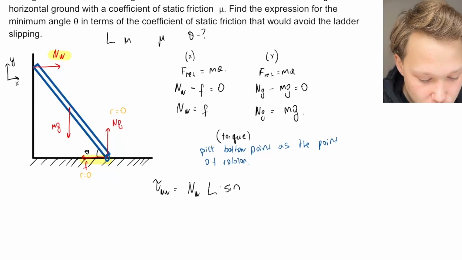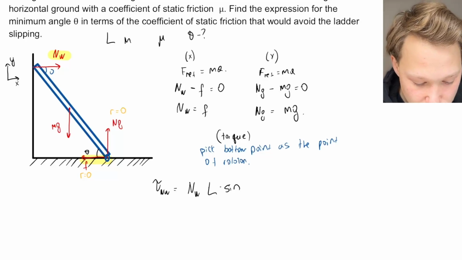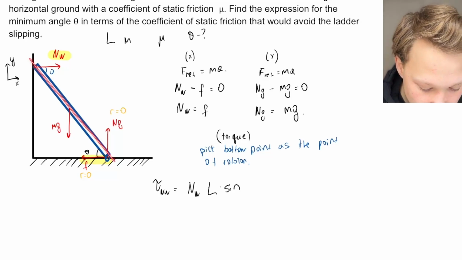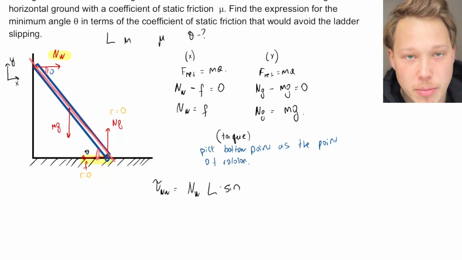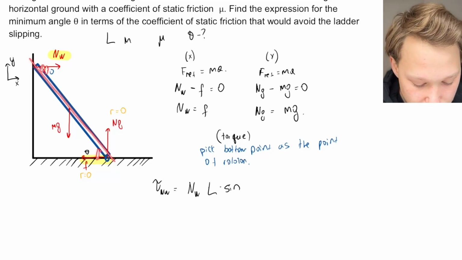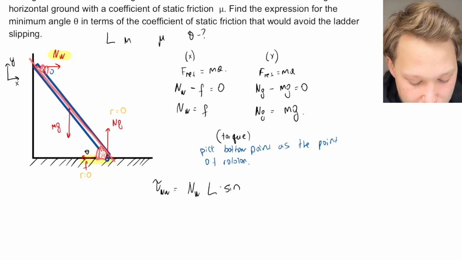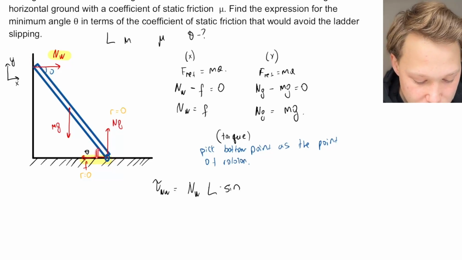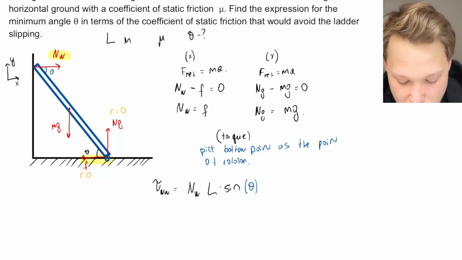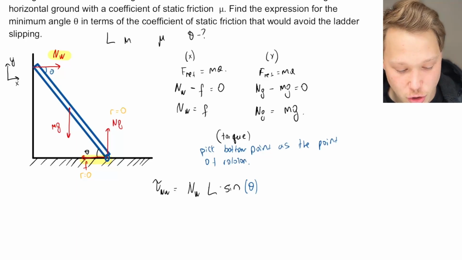So what we're looking for is this angle, which as you can see is going to be equal to this angle theta, right? Because they're essentially corresponding angles, right? So this angle is going to be equal to this angle, theta. So sine of theta. So that's the expression for the torque of the normal force.